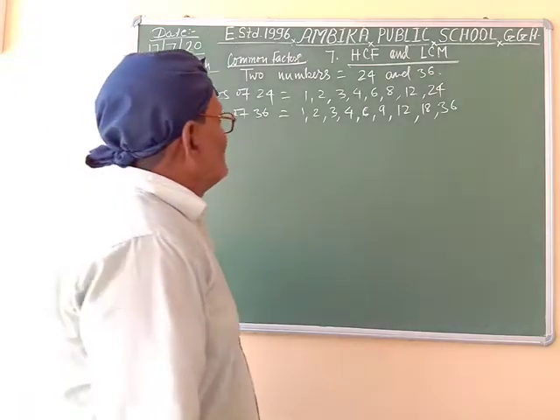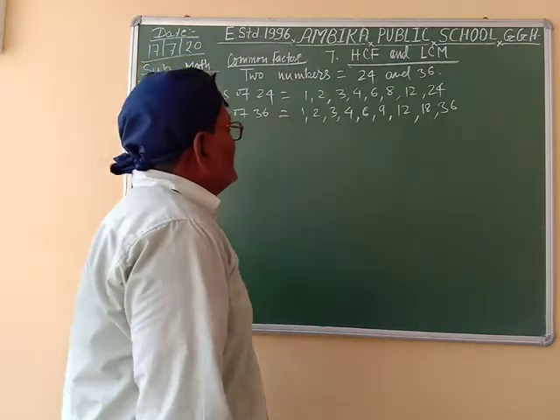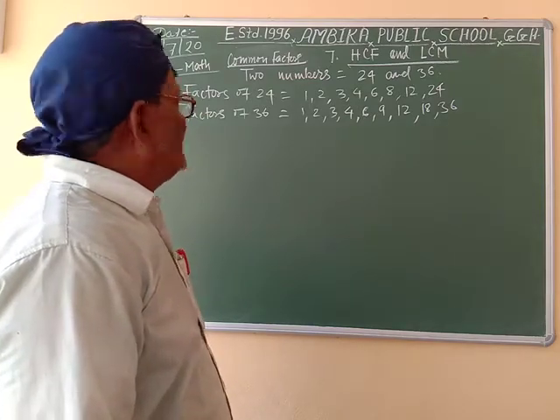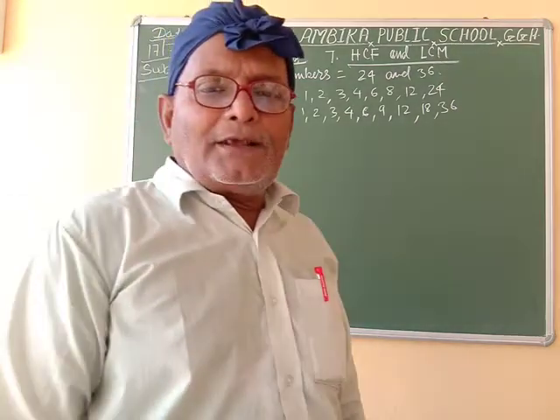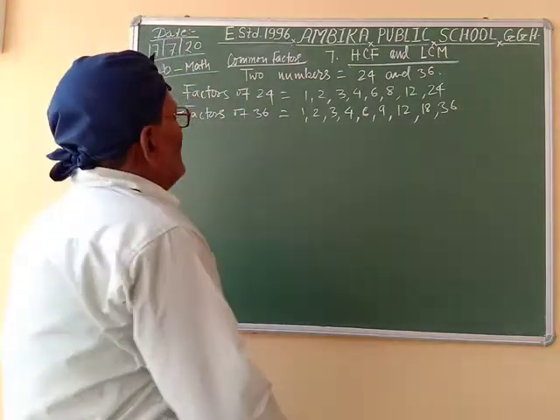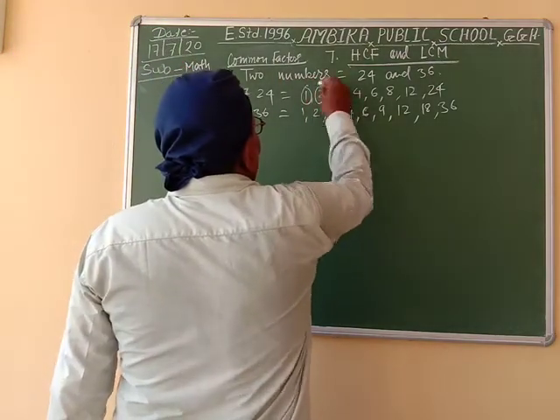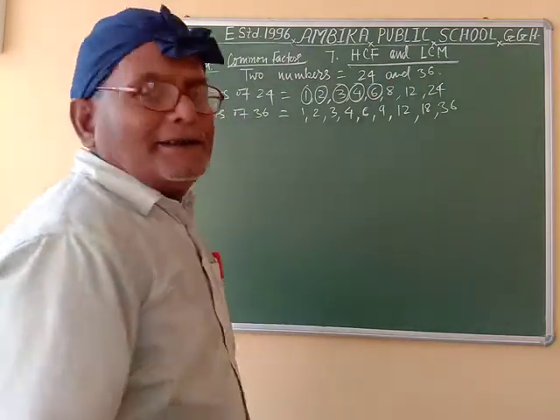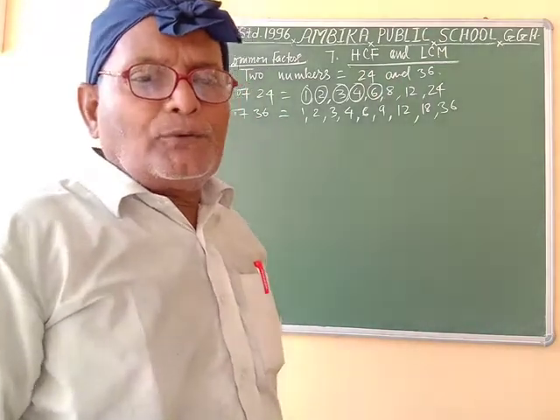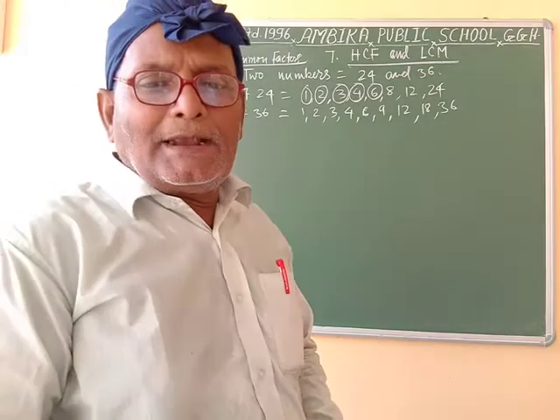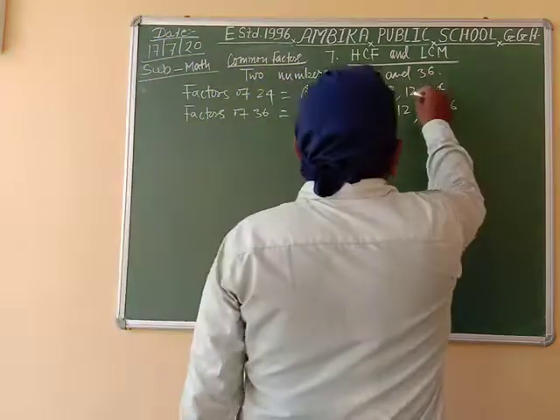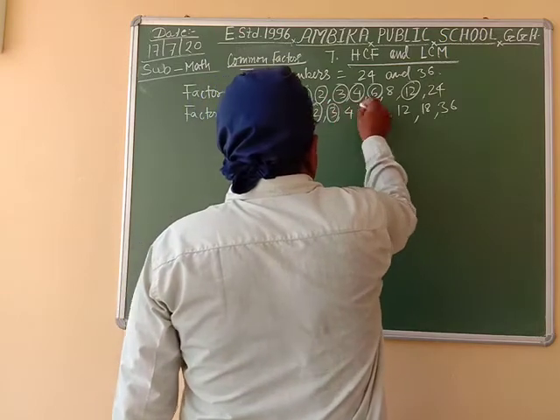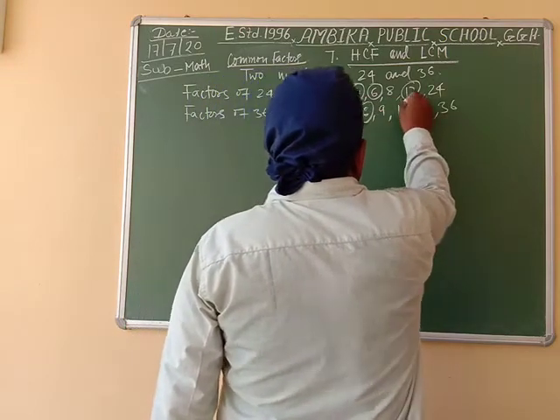Now here we see that some numbers are common in both 24 and 36: 1, 2, 3, 4, 6 and 12.